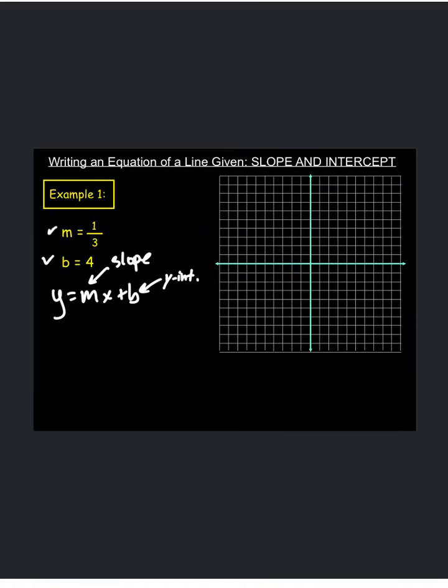This is definitely the easiest of the bunch. You're just substituting stuff in. If the slope is 1/3, it'd be 1/3 x, and the y-intercept is 4, so y equals 1/3 x plus 4.